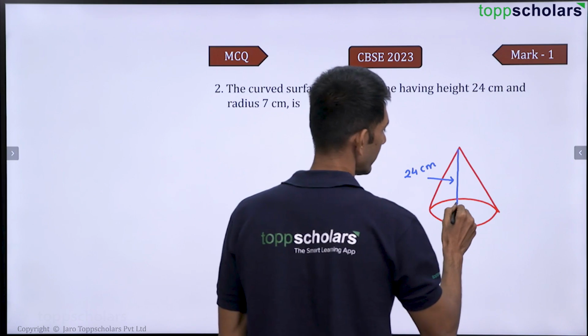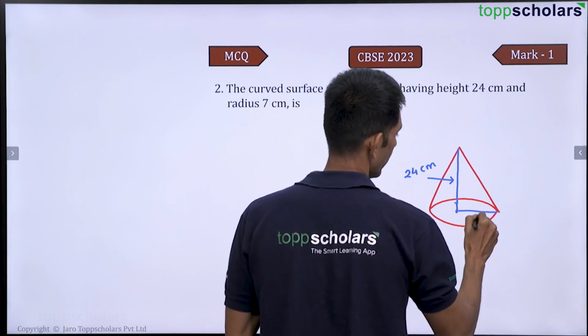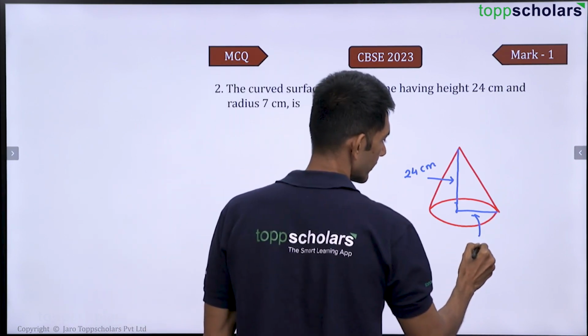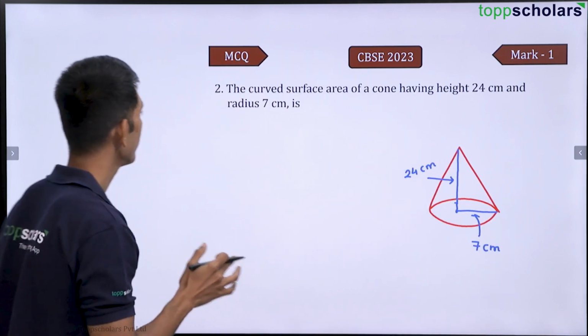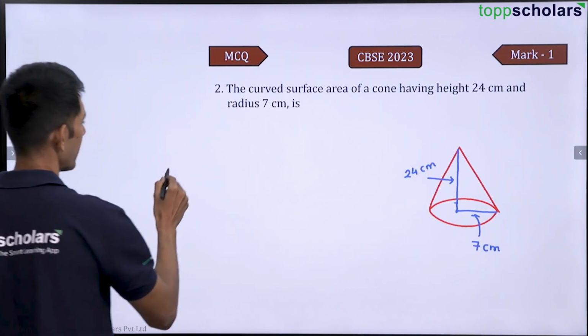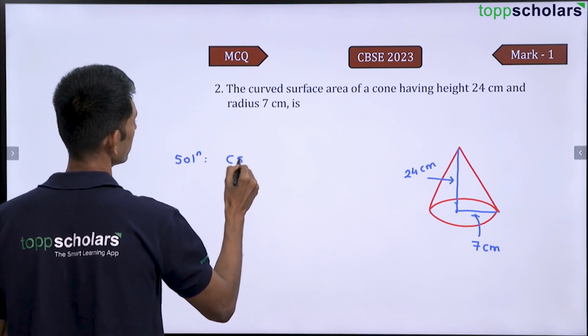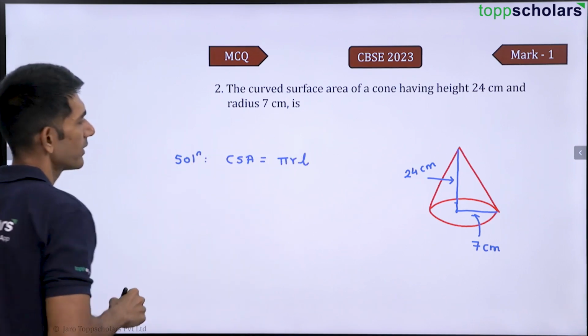The radius is given. Radius is how much? This radius is 7 centimeter. Height is 24, radius is 7. We are supposed to find out the curved surface area. See, what is the formula for curved surface area? The formula for curved surface area of a cone is pi RL, correct?